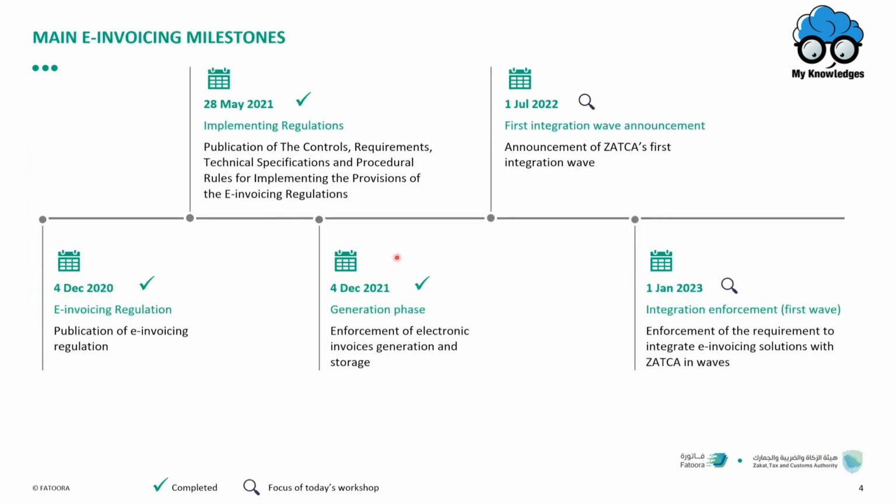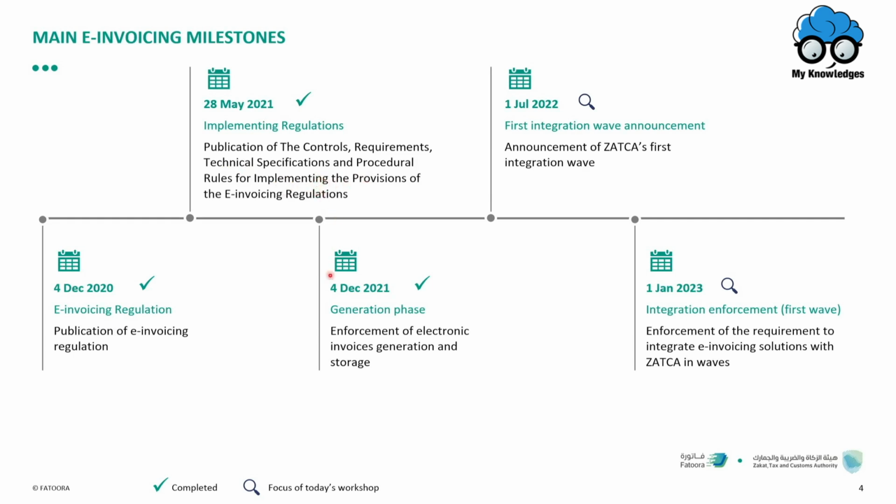So as a quick introduction to e-invoicing, back on the 4th of December 2020, we announced the e-invoicing regulation and published it on the website. And then on May 28th of 2021, we published the implementation resolution of e-invoicing. So we have published the controls, the requirements, the technical specifications, and procedural rules for implementing the provisions of the invoicing regulation.